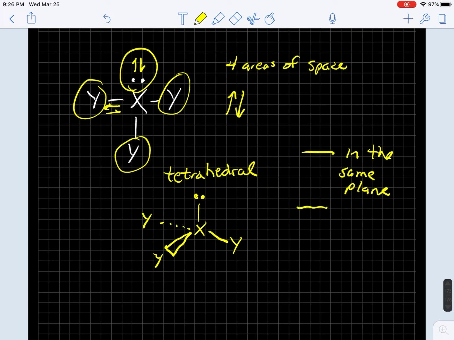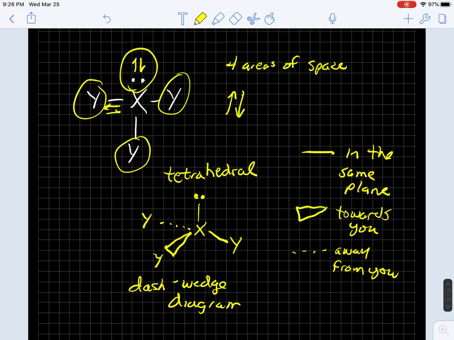So whenever they use a wedge, they're trying to say that the atom is coming towards you. And if they use dashes, it goes away from you. And this is called a dash wedge diagram.